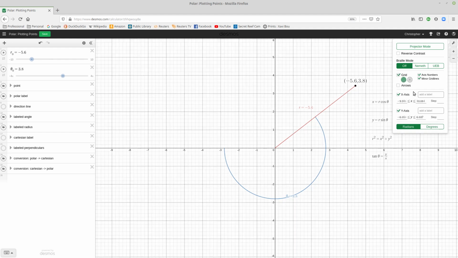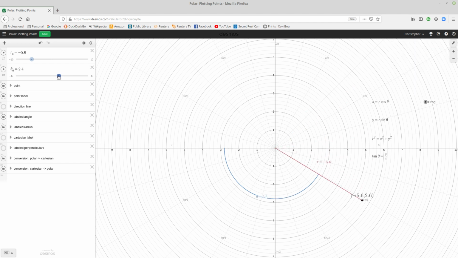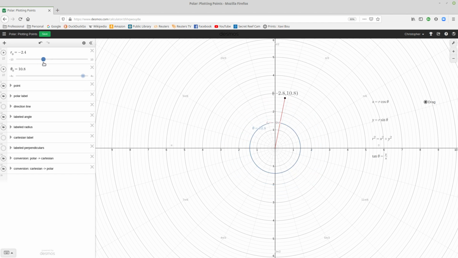So if I have a grid here, you can see the normal rectangular grid that you're used to, but I can switch that to what we call a polar grid that emphasizes the distance from the origin with concentric circles as well as the angle of rotation. And so as I change the angle here, you can see it overlapping those various lines. And when I change the radius, you can see the circles nested within each other.